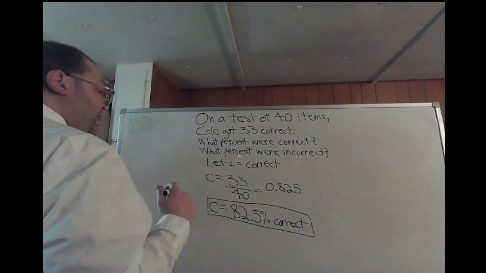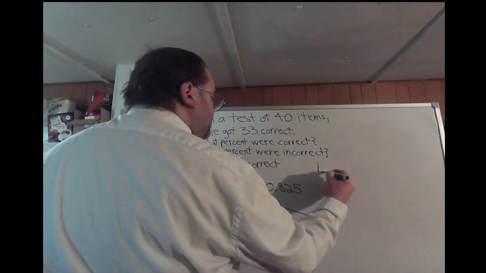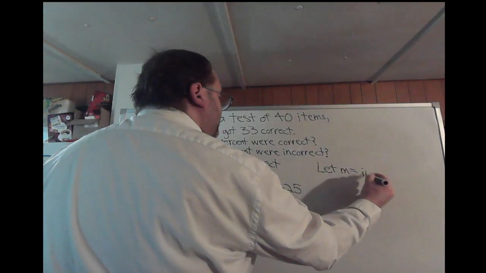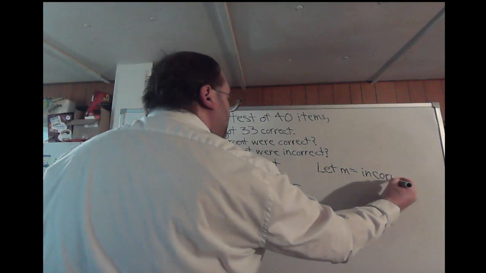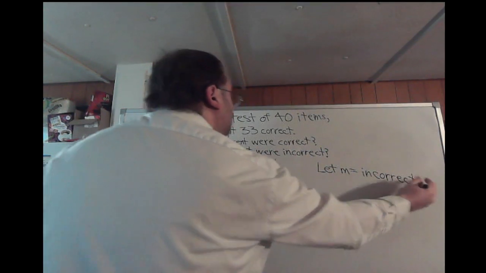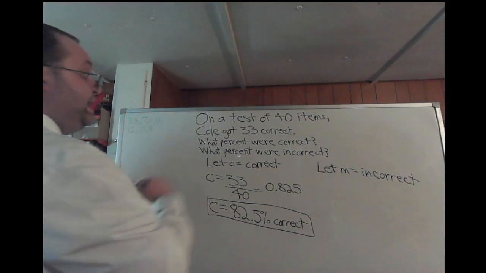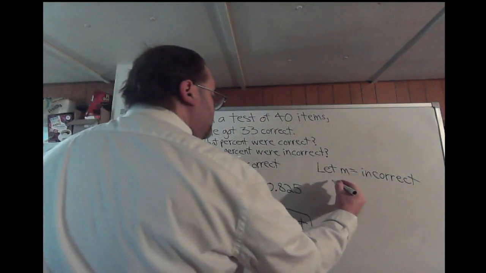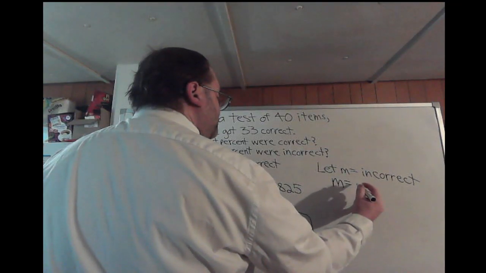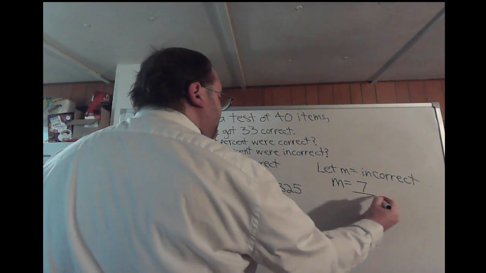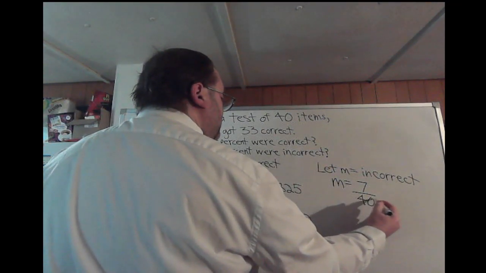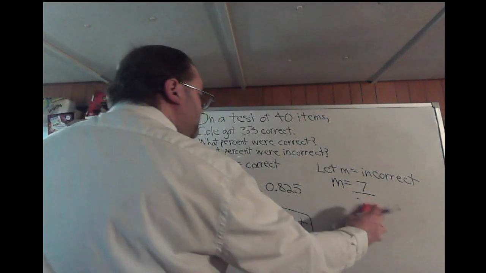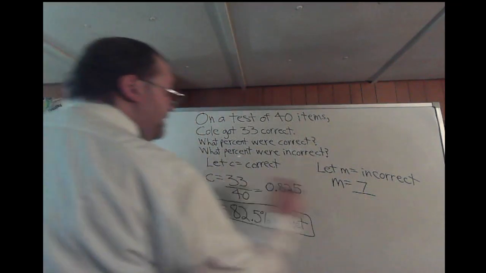Now we need to figure out how many are incorrect. Again, I'm going to let M equal the incorrect. So if he got 33 out of 40 correct, that means he missed 7 out of 40. So for that percentage, we will set M equal to 7 out of 40. This will tell you how much of a percent it was for incorrect.